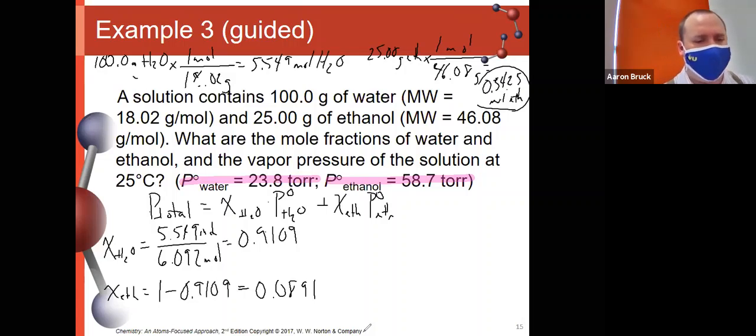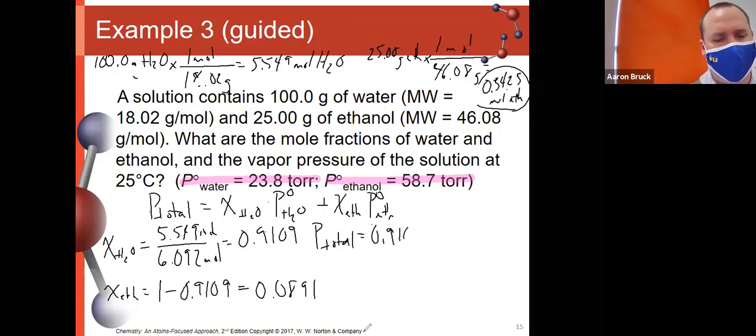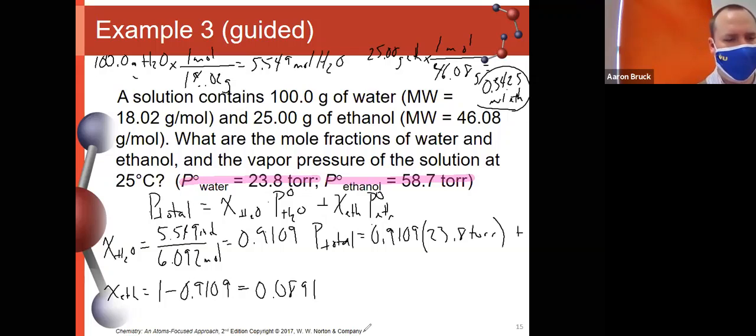So now I've got to put all this together. My total pressure is equal to the mole fraction of water, 0.9109, times its vapor pressure, 23.8 torr, plus 0.0891, the mole fraction of ethanol, times its vapor pressure, 58.7.